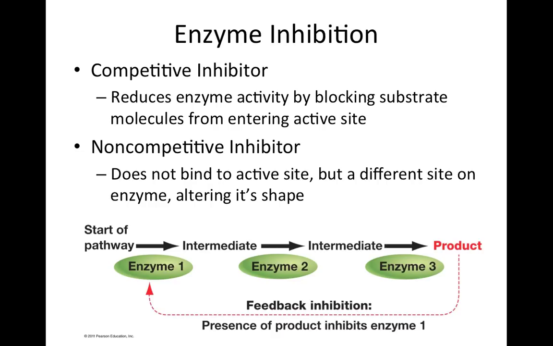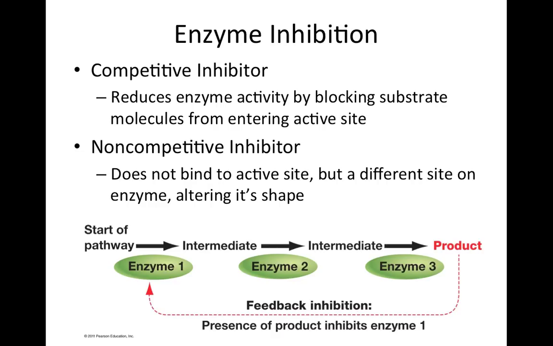There are drugs that people take, say for pain management, and what those drugs do is mimic or be shaped like the standard substrate, and they bind to the enzyme and prevent the proper substrate from interacting with the active site of the enzyme. So again, a competitive inhibitor blocks the substrate molecules from entering the active site.